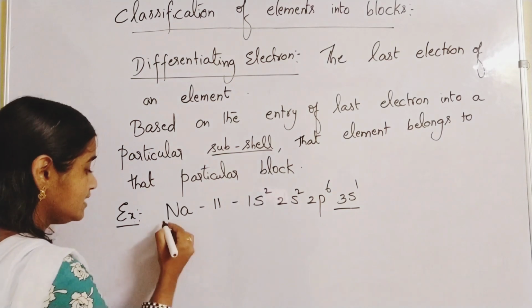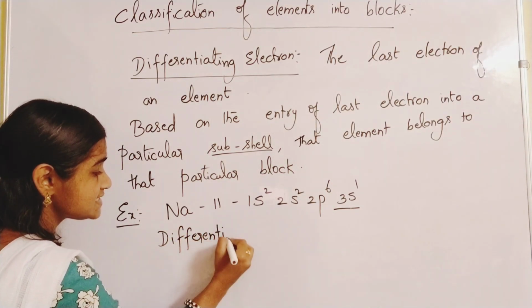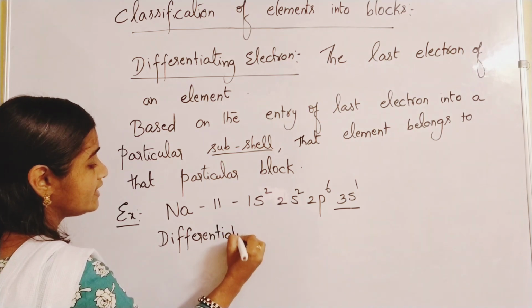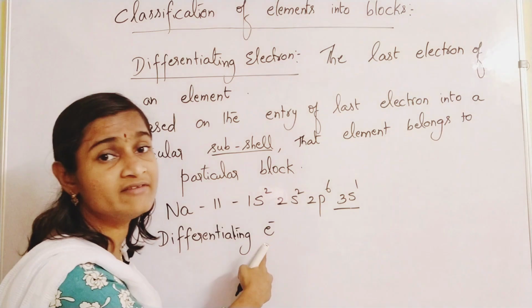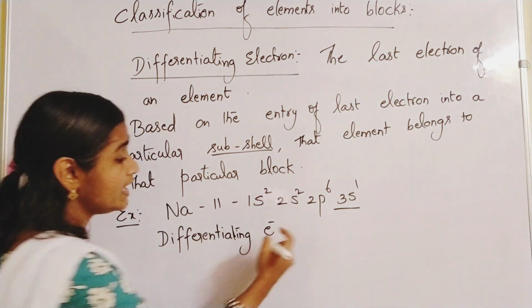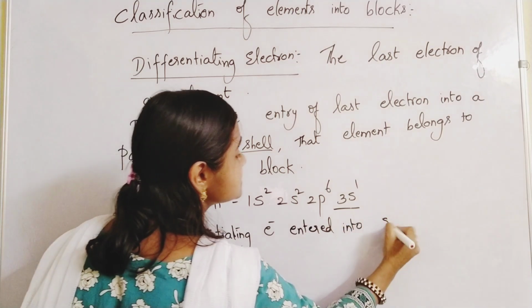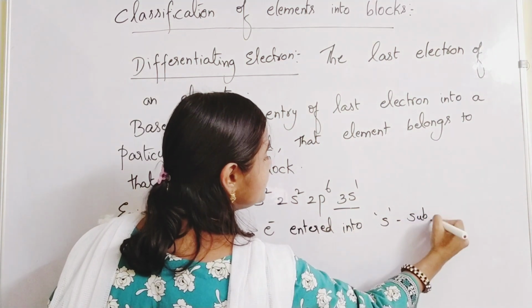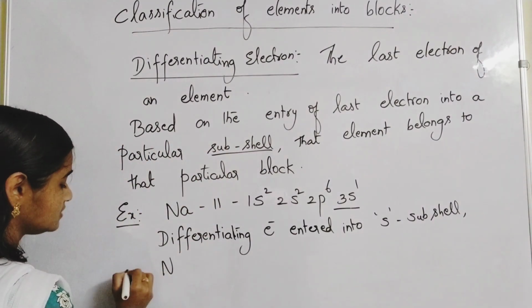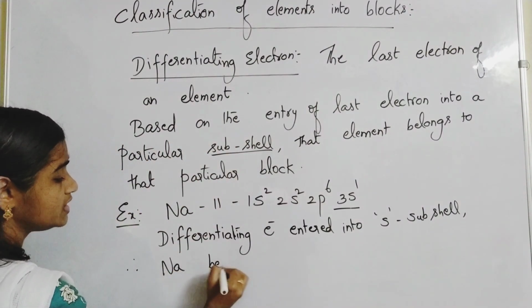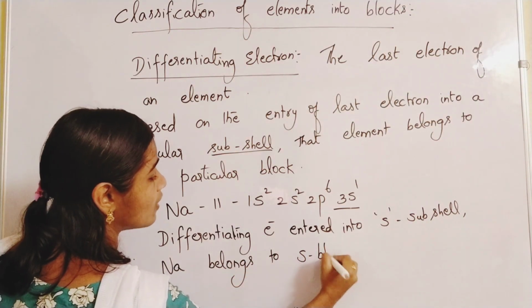Here the differentiating electron, electron can be represented with e minus, entered into the S subshell. Therefore sodium belongs to S block.